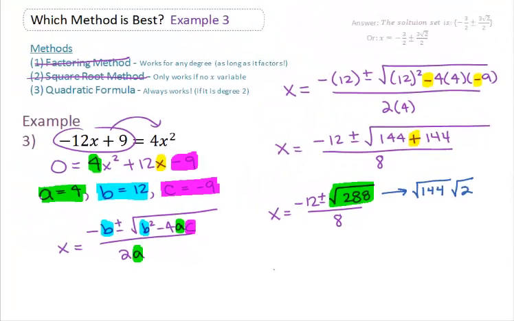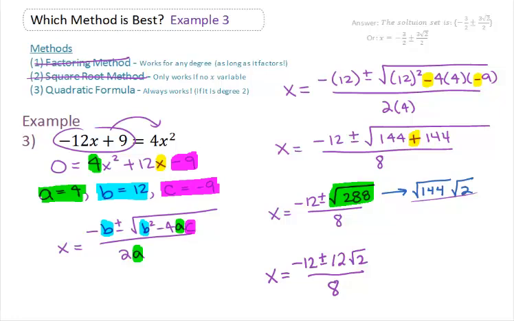So moving down to my next step, I have x equals negative 12 plus or minus. Let's simplify this here. Square root of 144 gives me 12 with a root 2. And this is all over 8.